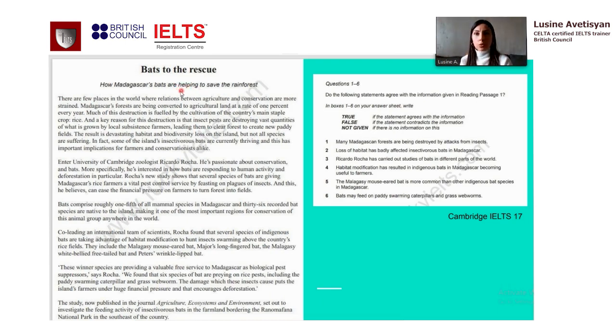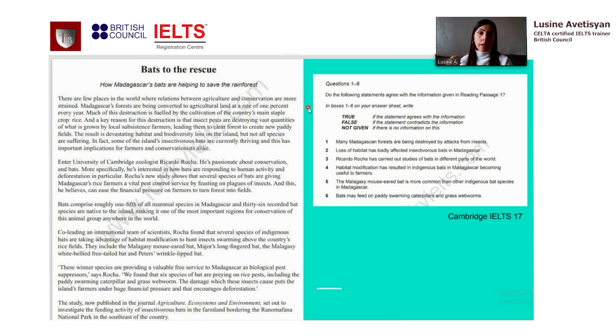Bats to the Rescue: how Madagascar's bats are helping to save the rainforest. Reading this, I make it clear that I'm going to read about nature, about the environment of specific types of bats. So in this case, I already sort of make a picture of what the text is going to be like.